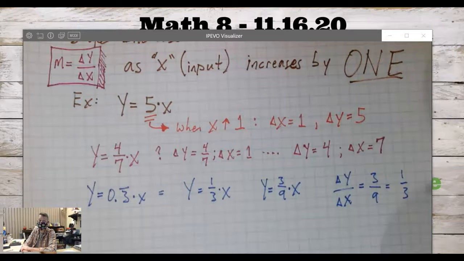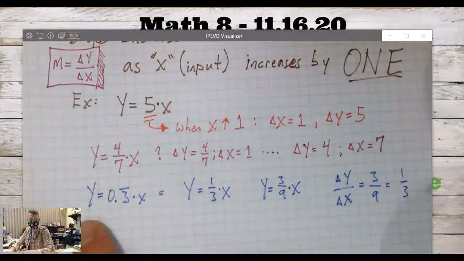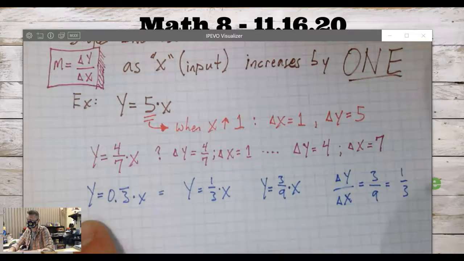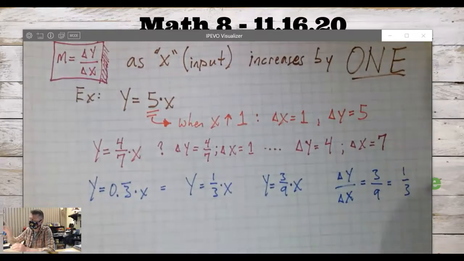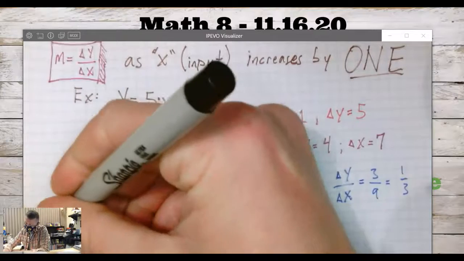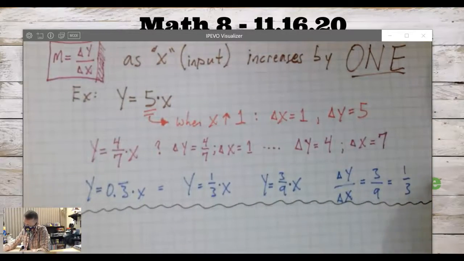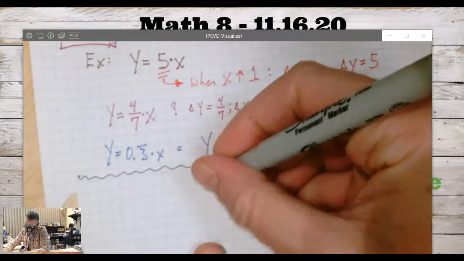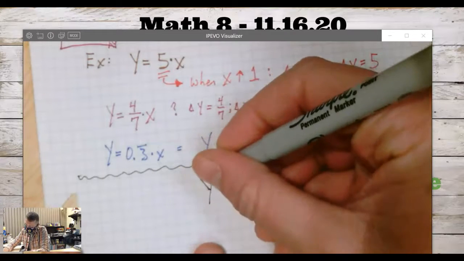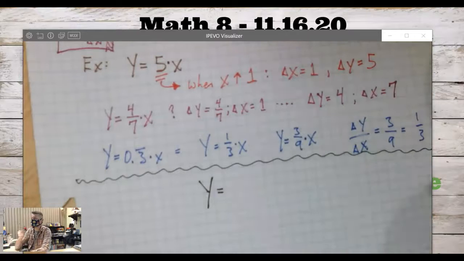Yeah, the y is isolated. There's no extra number added or subtracted.